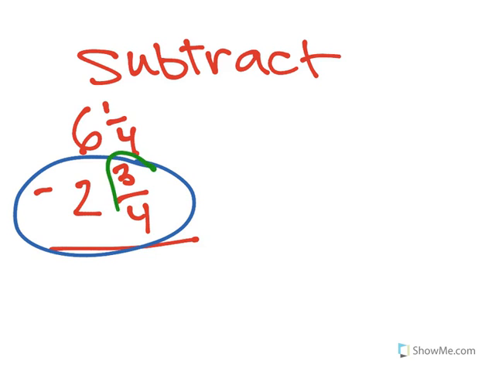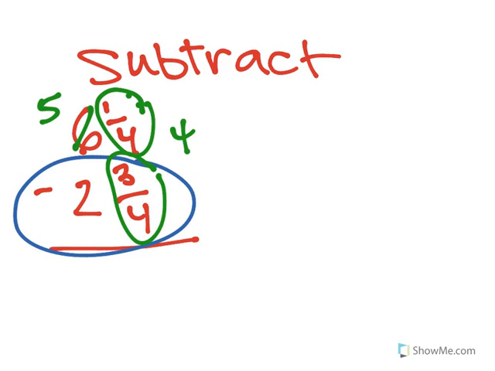The issue that I have here is 3/4 is greater than 1/4. So I can't subtract. I need to take away 1 from here and add it to my 1/4. So in order to add 1 to 1/4, I have to actually add 4/4. So I end up with 5/4 minus 3/4.